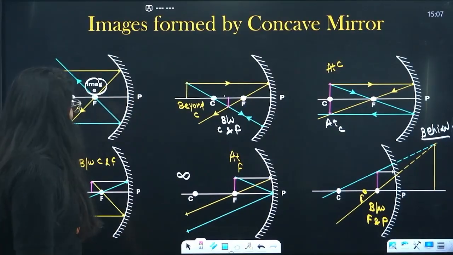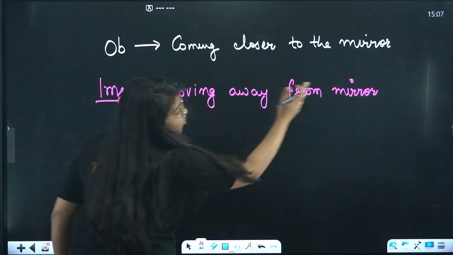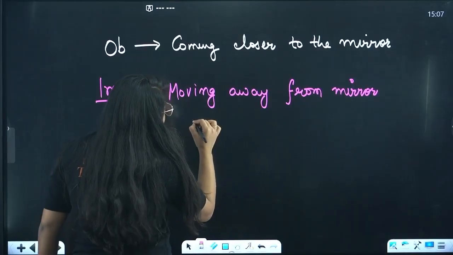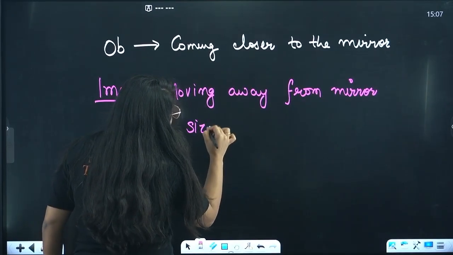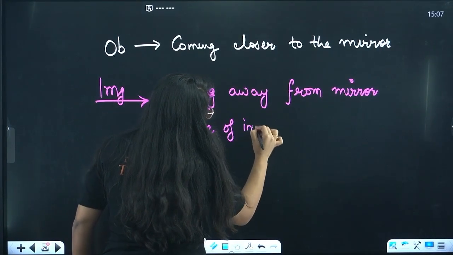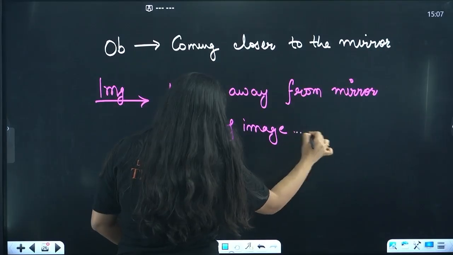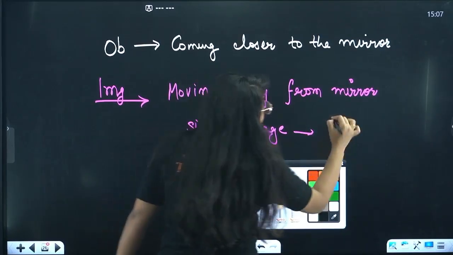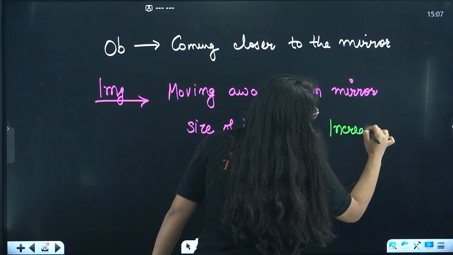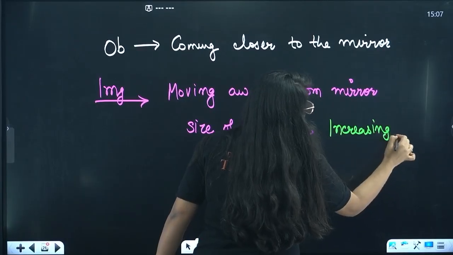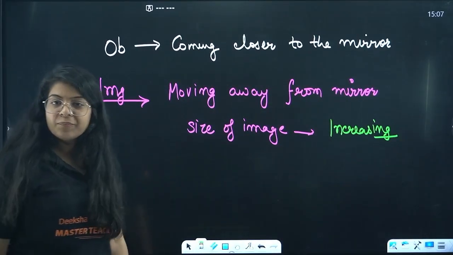So for the first 5 cases, as the image is moving away from the mirror, the size of the image is beta increasing. Understood? Clear? Right?